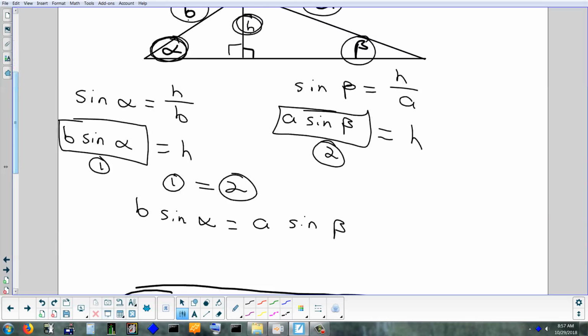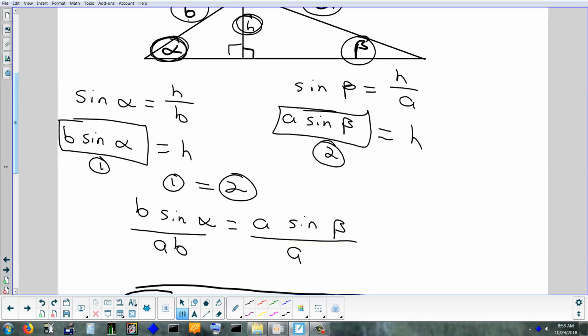sine beta. Now what I'd like to do is write this so that the A is over on the same side as the alpha, and the B is over on the same side as the beta. So how could I move A to the left side? Divide. So let's divide by A. And how could I move B over to the right side?